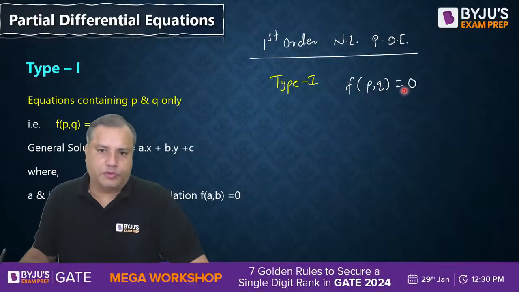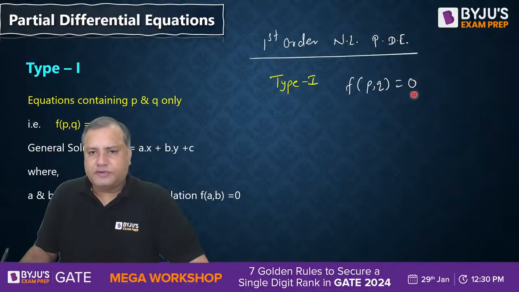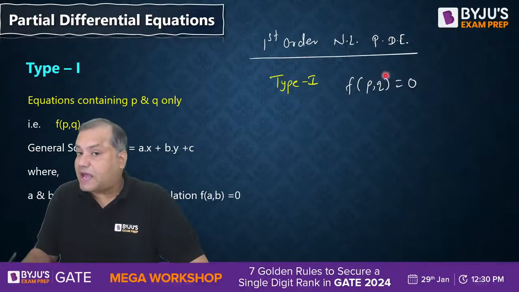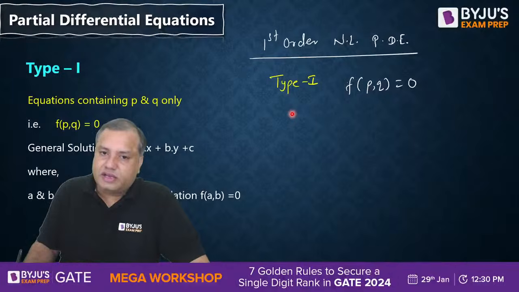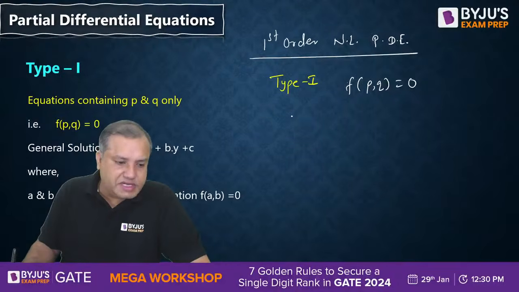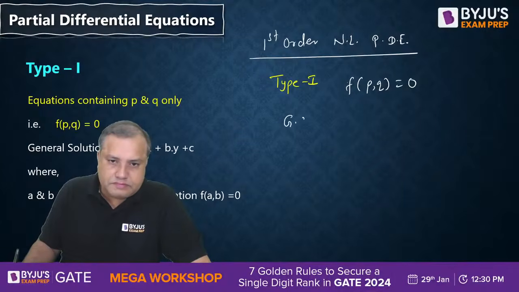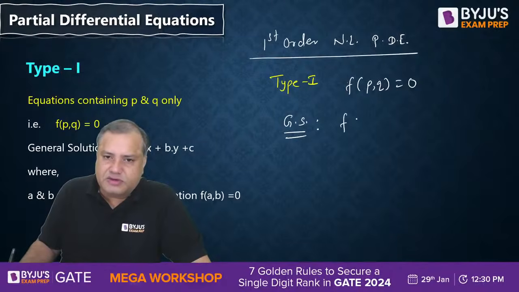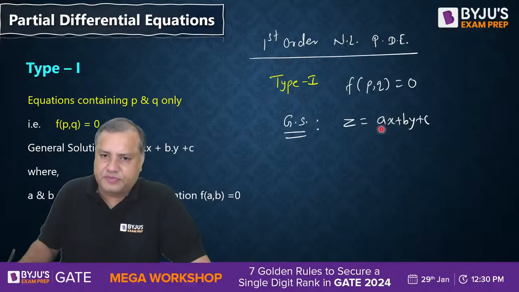And if your equation belongs to type 1, then what is its general solution? The general solution will be z equal to ax plus by plus c.